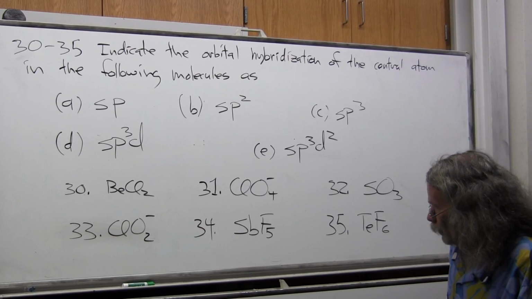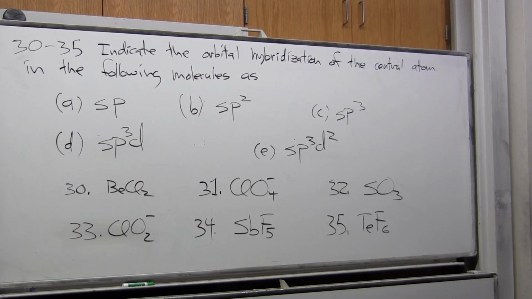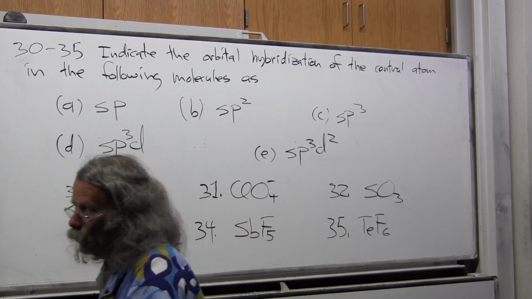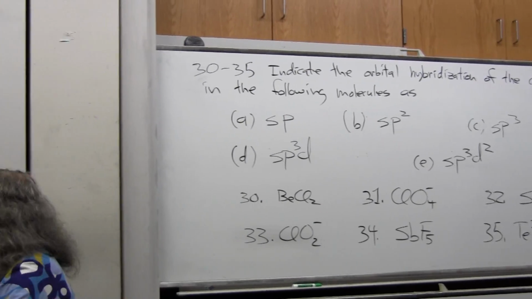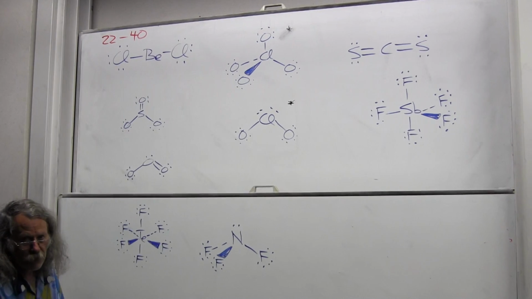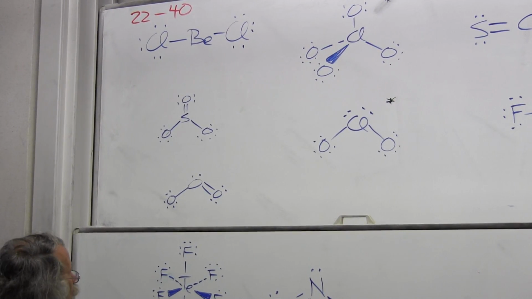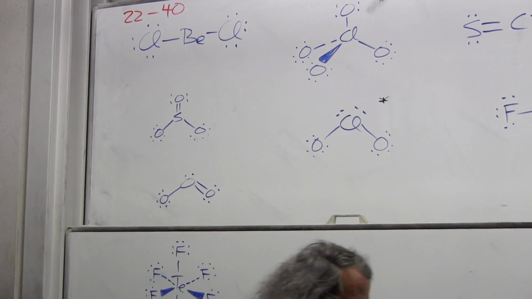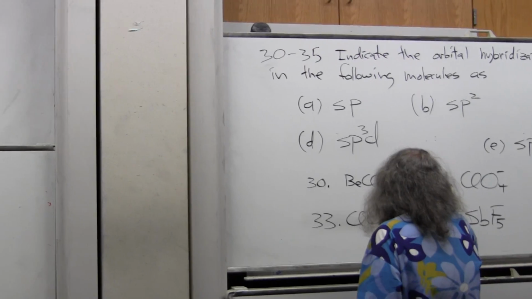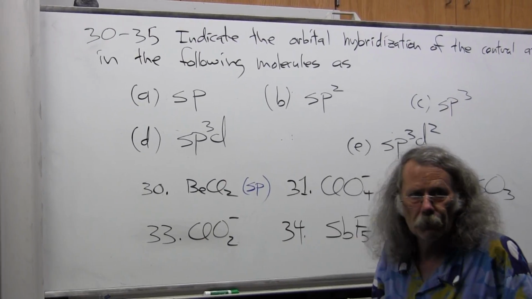And so, for problem number 30, I have beryllium dichloride. Just to refresh your mind, go back and look at the beryllium dichloride. It's a linear molecule, and a linear E-pair geometry exists with the beryllium dichloride. Linear E-pair geometry requires that there is sp hybridization on the central atom.